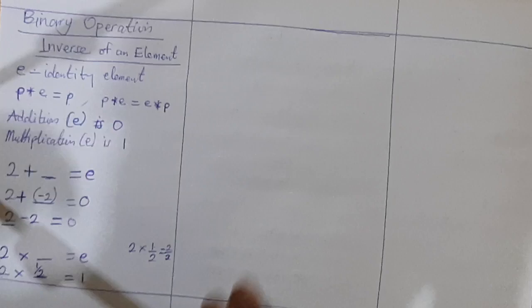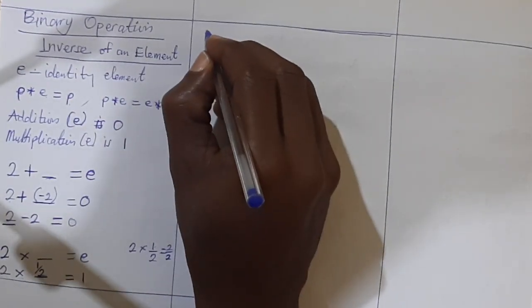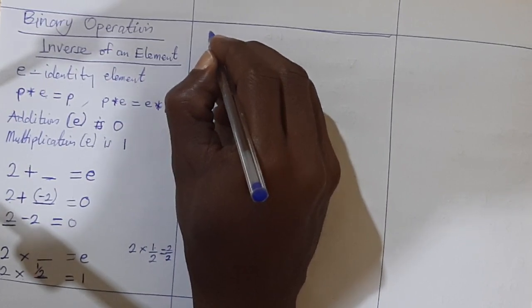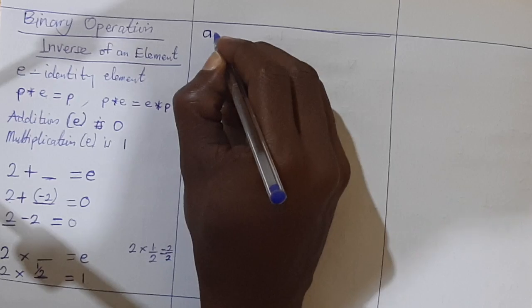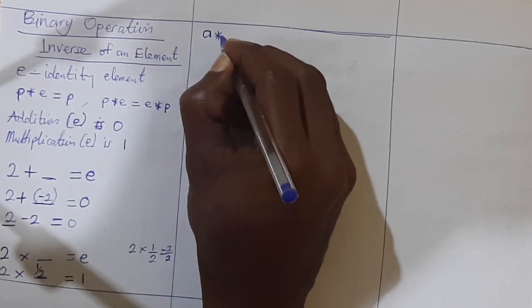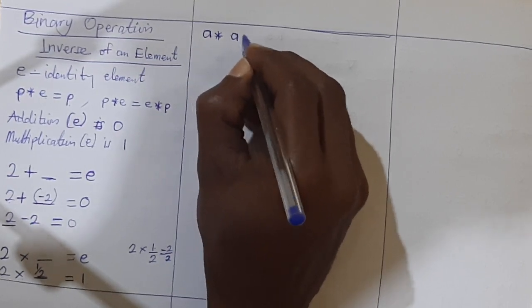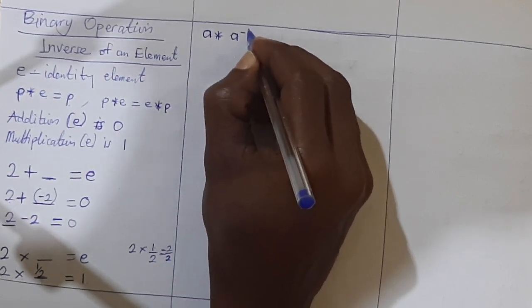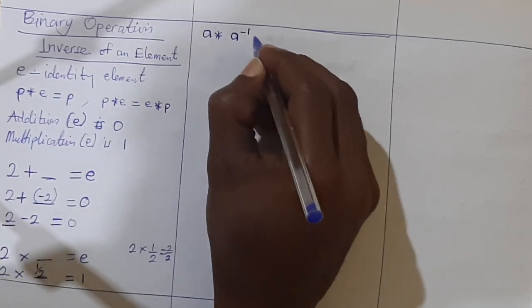So let's go back to binary operation. If I have a value, an element A, and I operate it by its inverse, please see how we write the inverse. This is how we write the inverse.